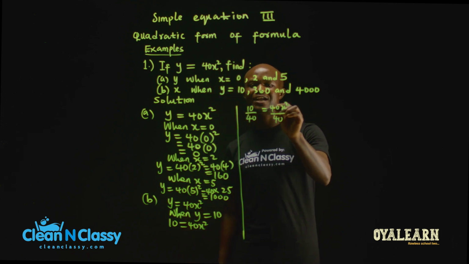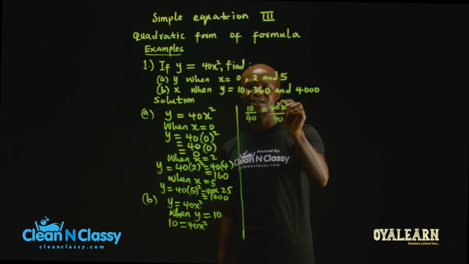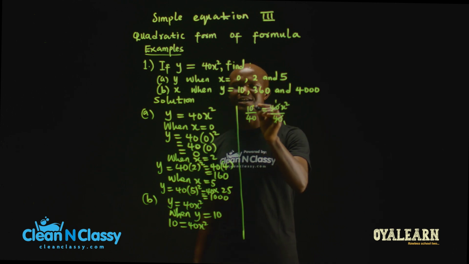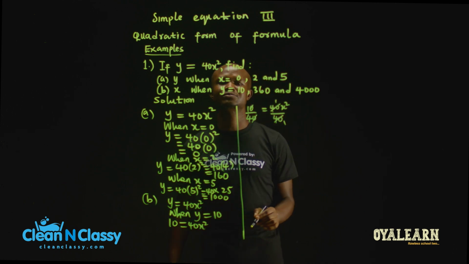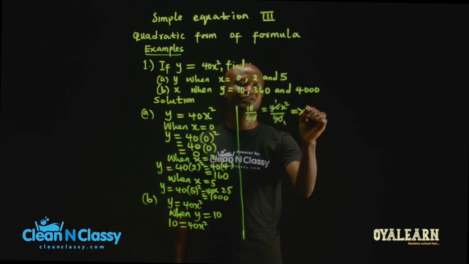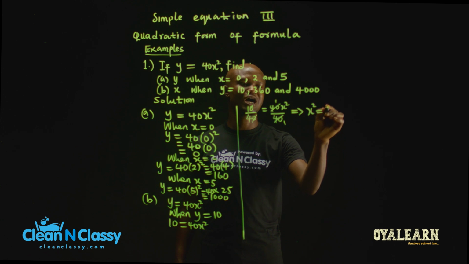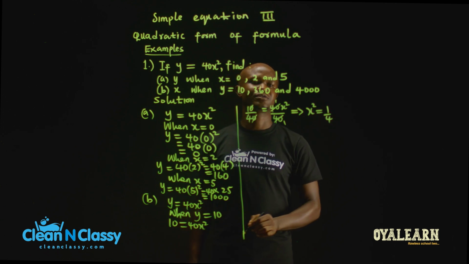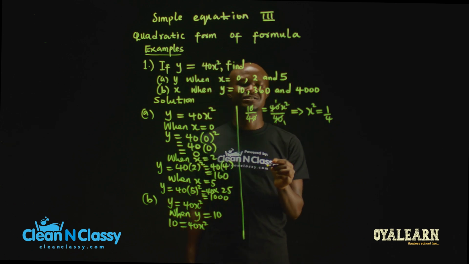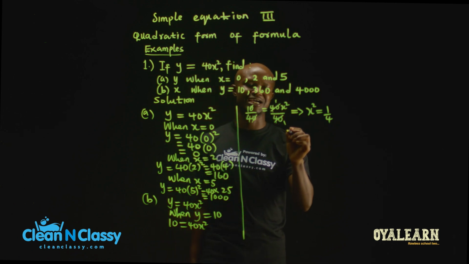So 40 divided by 40 gives 1, and 10 over 40, the 0 cancels 0. So we have x squared equals 1 over 4. For us to find the value of x, we are going to take the square root of both sides.